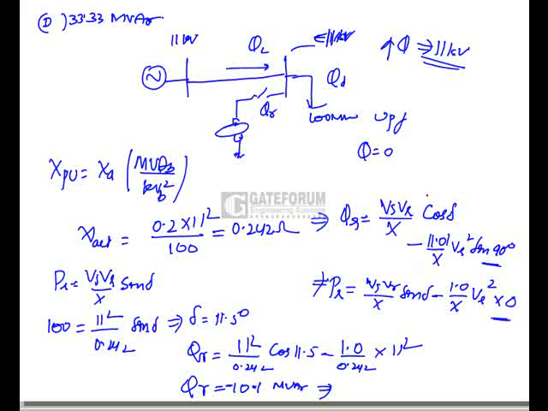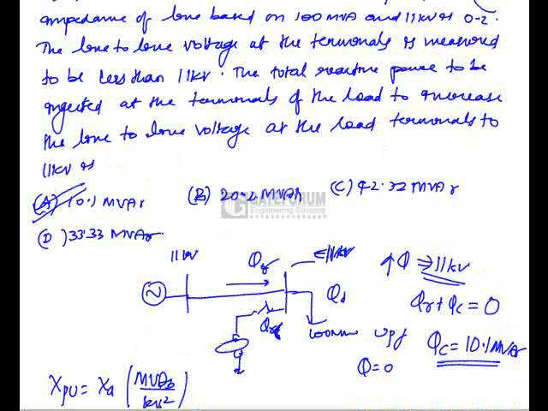Now what is the demand here? QR plus QC is equal to 0, where QR is reactive power to the line and QC is the compensating machine at the load side. From this I can find QC as 10.1 MVAR. So option A is the correct answer.